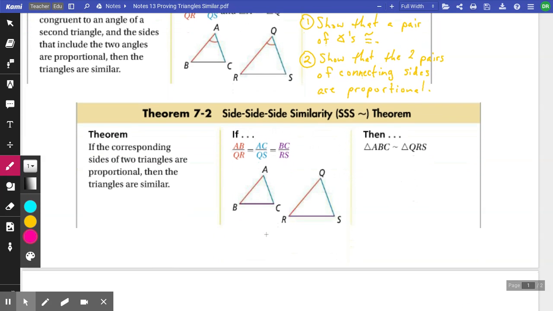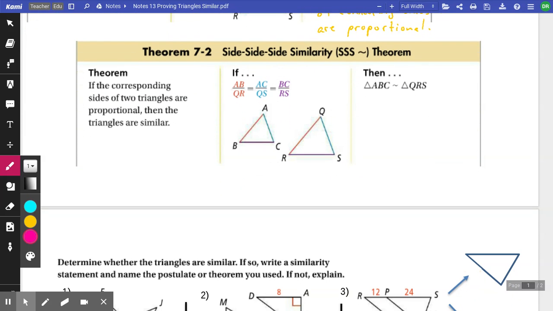Okay, and the last scenario here is called side, side, side. And so with this one, we're not concerned about the angles. We're just making sure that all of the sides do what they should. So when we compare all 3 pairs of sides, do all of those ratios reduce the same way? In other words, do all 3 pairs of sides have the same scale factor in play?